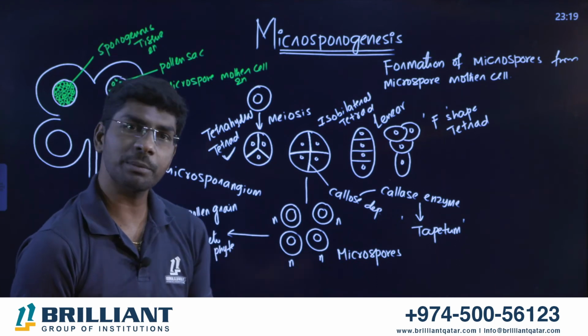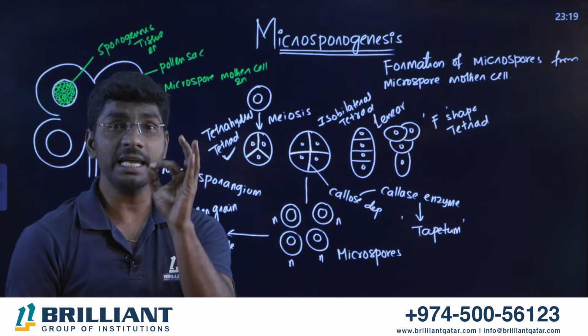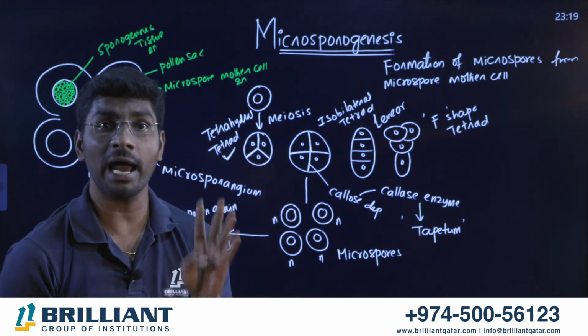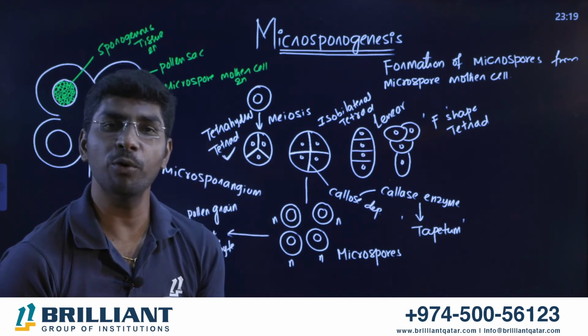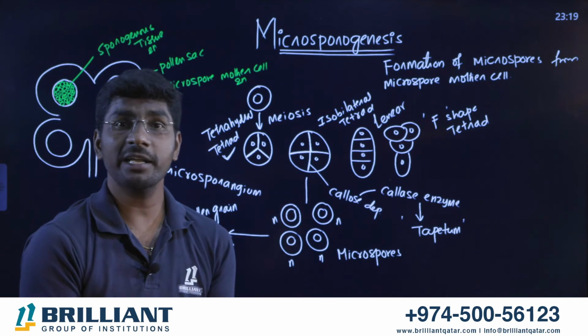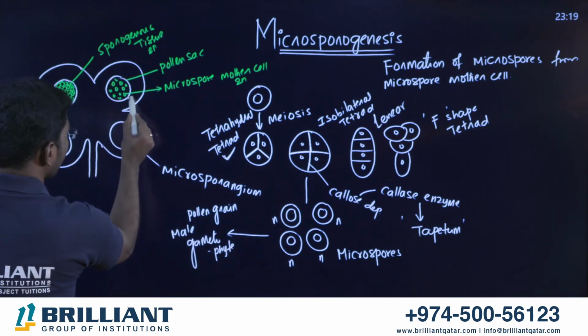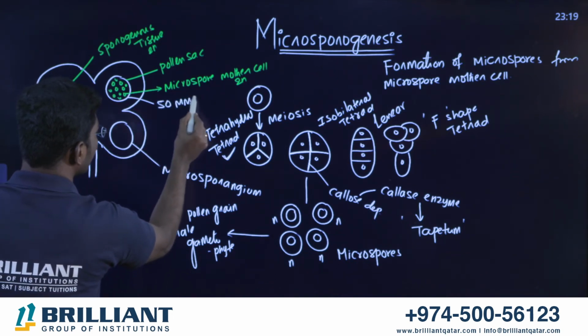Which division takes place? Meiosis division takes place. One more question. Each microspore mother cell will eventually give four haploid microspores or four haploid pollen grains. Keep in your mind, sometimes they may ask this question. In one microsporangium, there are 50 MMC, microspore mother cells.